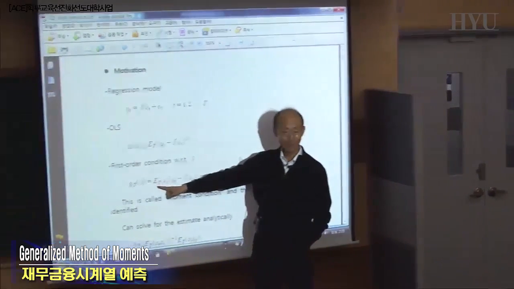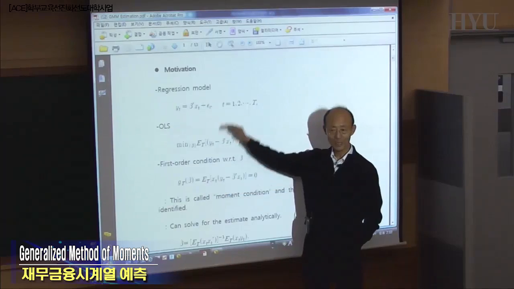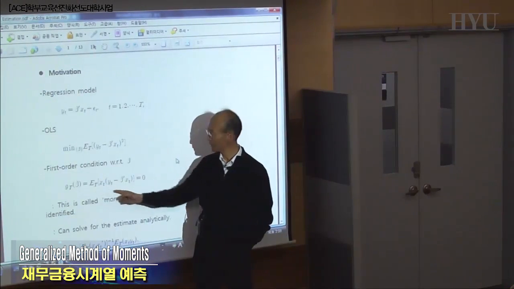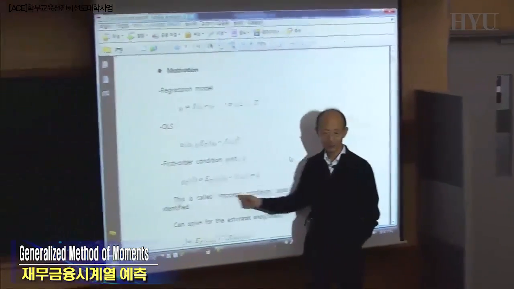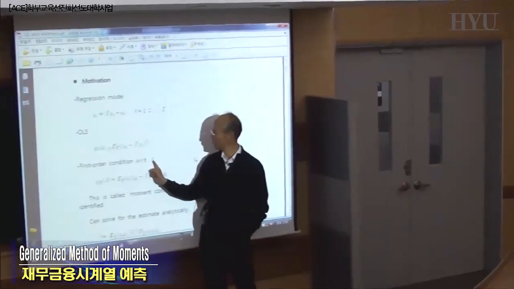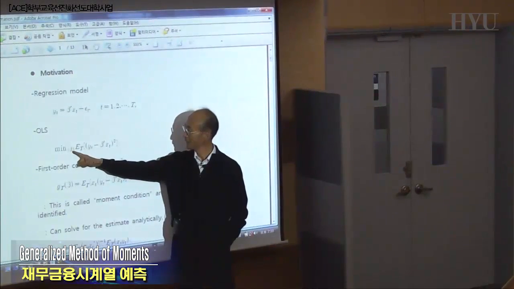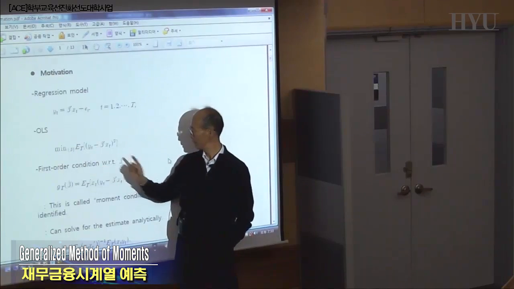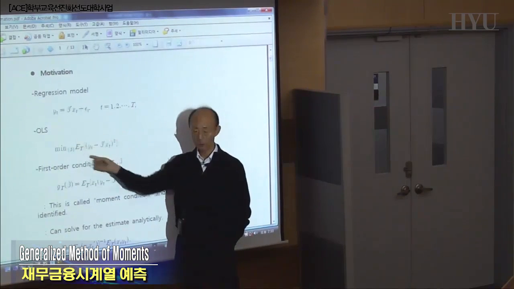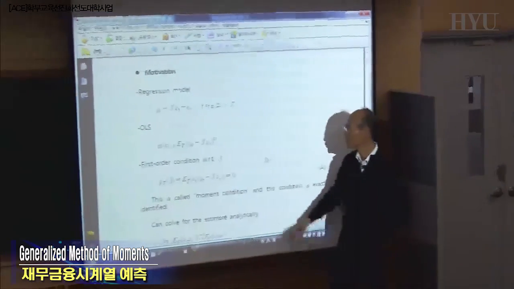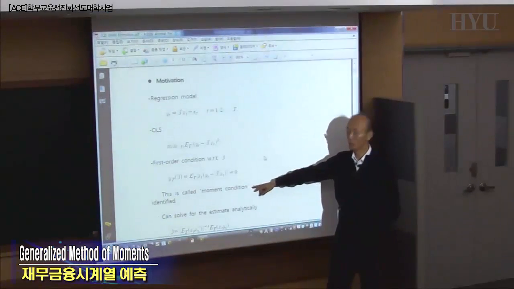Taking the average, you add them up and divide by capital T. That's the expectation. So for this to be the estimate that minimizes this objective in this framework, this condition has to hold. We call this a moment condition.